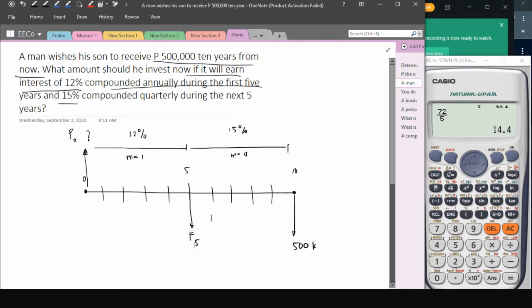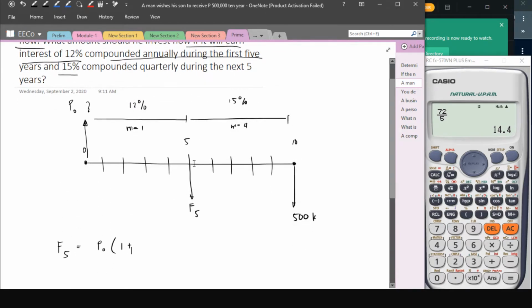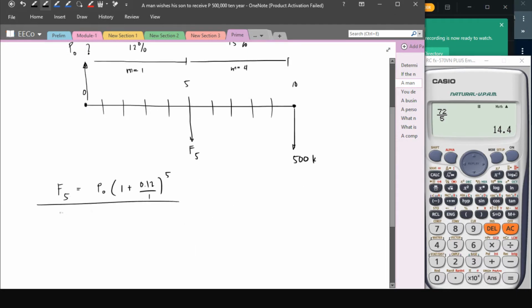Napapasok dito sa 5. F on the 5th year. Okay? Yung F on the 5th year, that is equal to P, P ay yung present worth 0 mo. P0, 1 plus, ano yung percentage dyan? On the first year, the 5th year, that is 0.12, compounded annually, raised to the 5th power. O meron ka nang nagawang equation dyan. Okay?